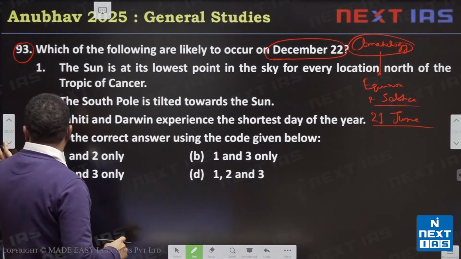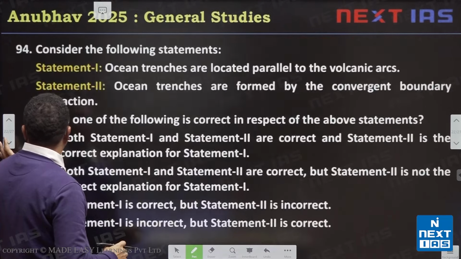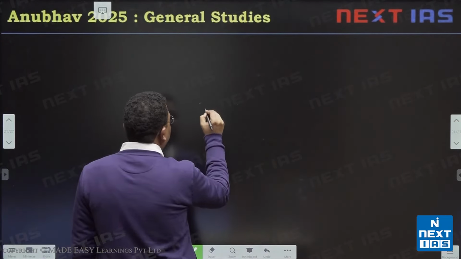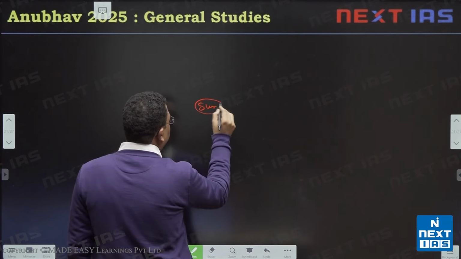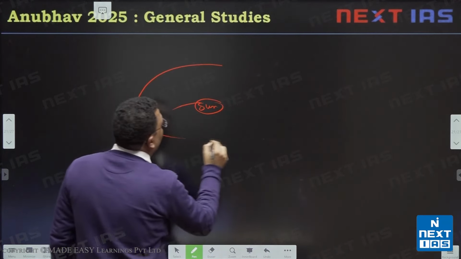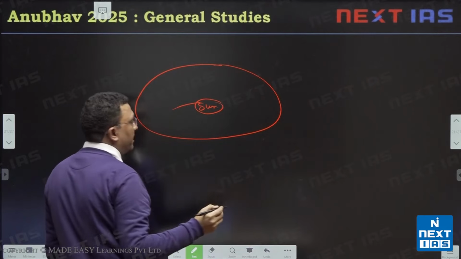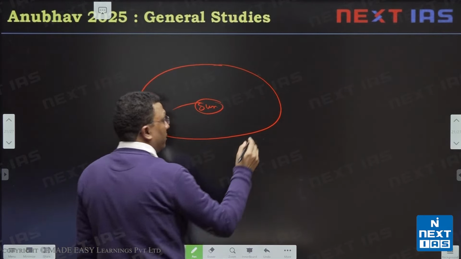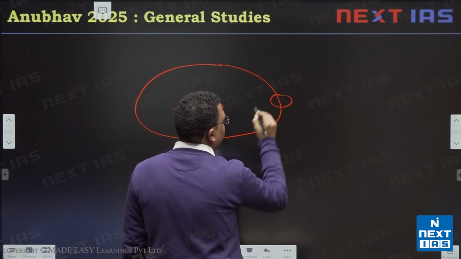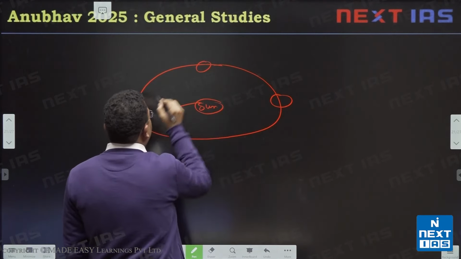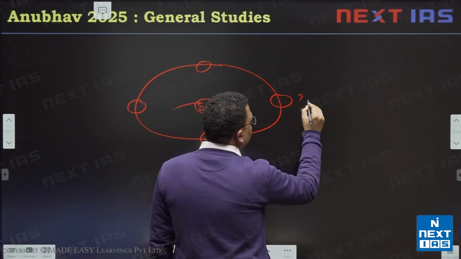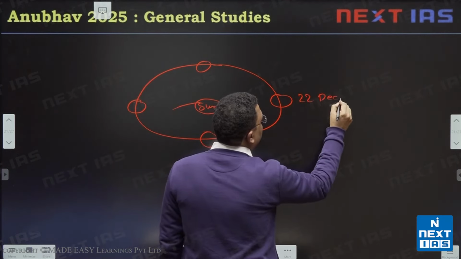So let's first see the position of Earth and Sun as it revolves around the Sun, right? The Sun is situated at the center and Earth revolves around the Sun in an elliptical path. And on this elliptical path, there are 4 positions which are of prime importance. They are these places. This is the situation on 22nd December.